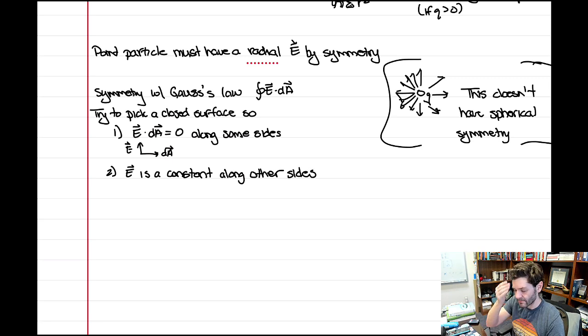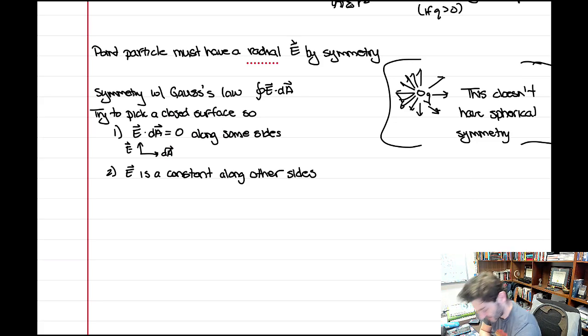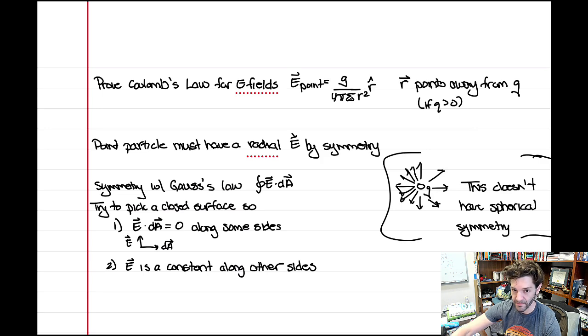And that's usually where symmetry can be helpful as well. Pick a surface such that the electric field, while it might be changing direction, has a constant magnitude over the sides, because then the dot product just becomes a constant times dA, and maybe times cosine. Integrating constants is easy versus something more complicated.